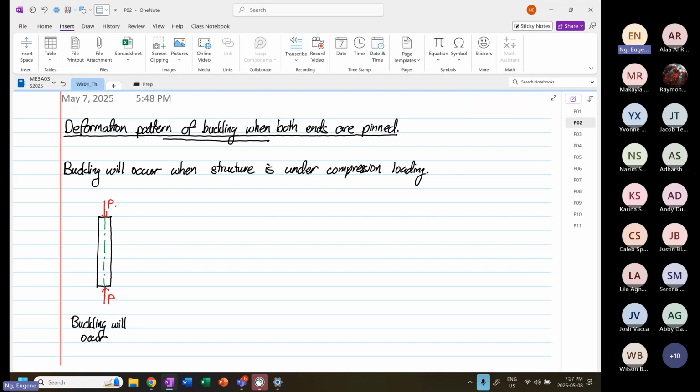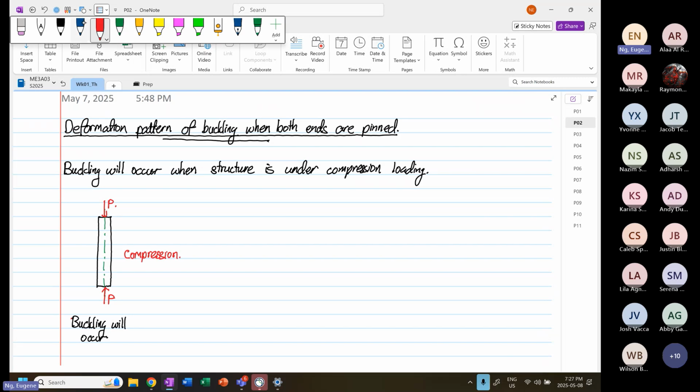You can see that in this case the load is pushing towards the structure, which is what we call under compression.